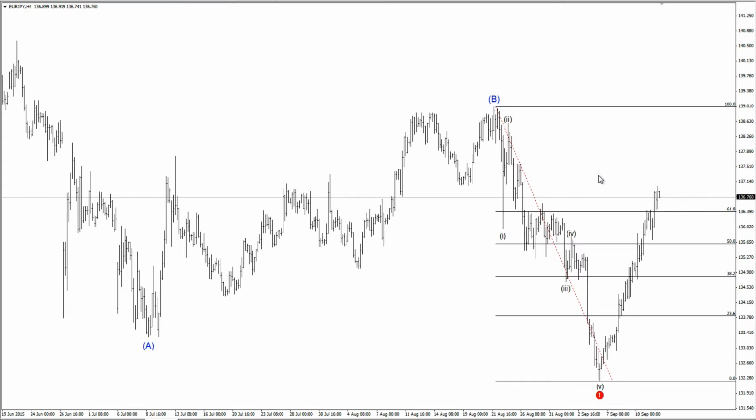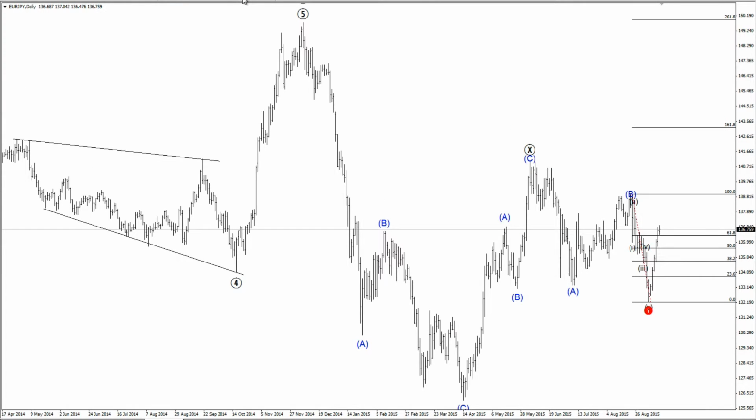And I have looked at the daily chart, and there might be a large triangle forming here if this active count, this preferred count, does not play out. Then my second best wave count is going to be some sort of triangle formation.